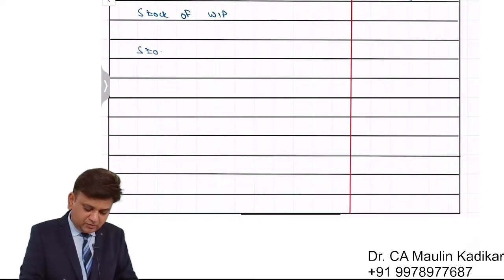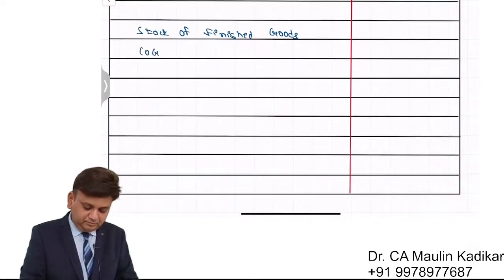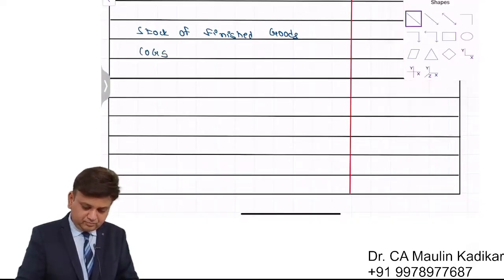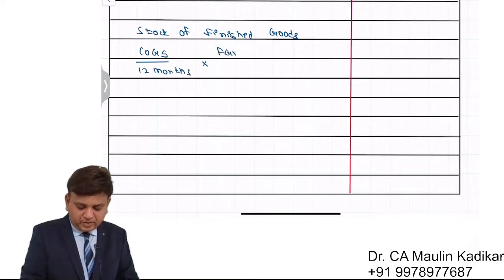Next is stock of finished goods. In that, cost of goods sold divided by 12 months into finished goods holding period.